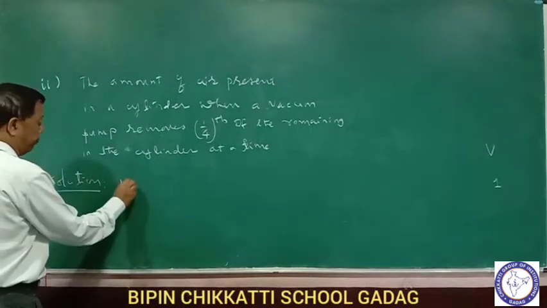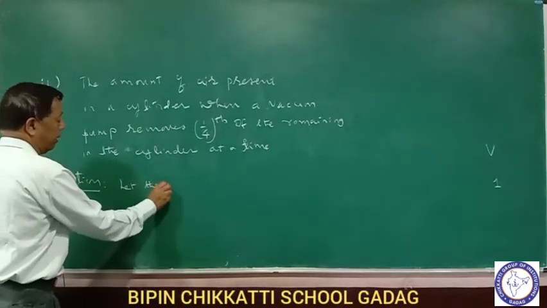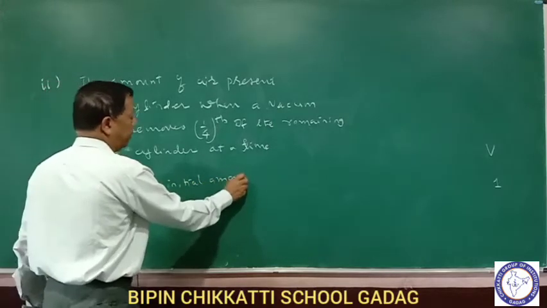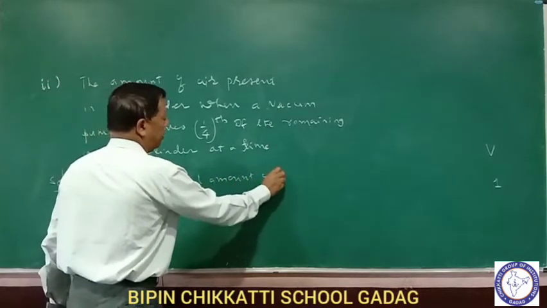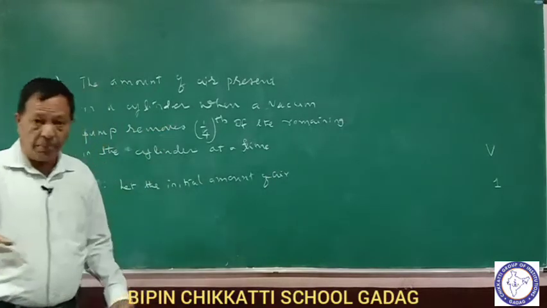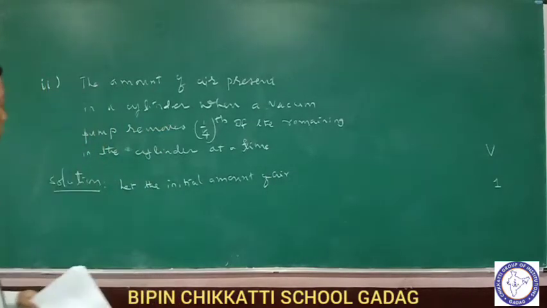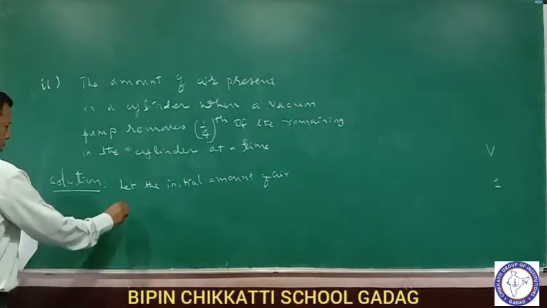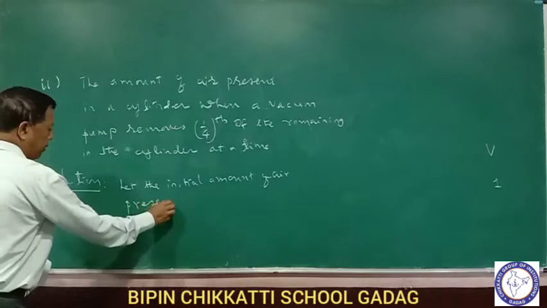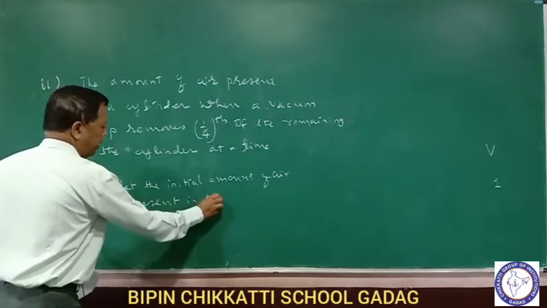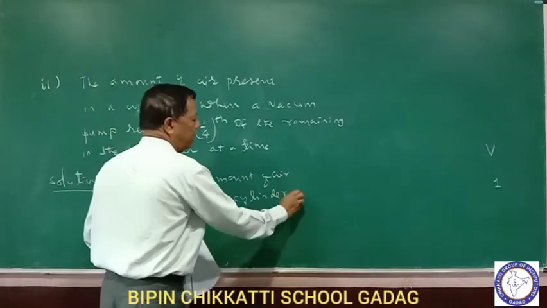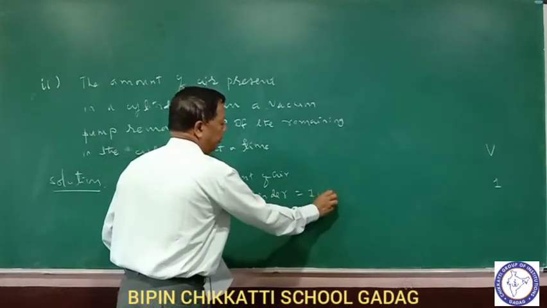Let the initial amount of air present in the cylinder be considered. You have to see in the beginning how much air I have to consider. I already told you, 1 unit.